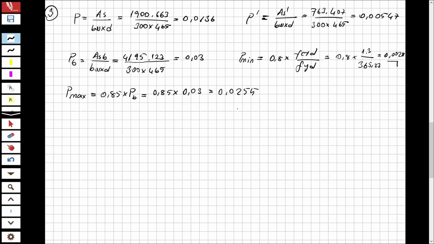The ratio of steel must be smaller than rho max. So the rho of the bottom steel must be smaller than or equal to rho max. You can see rho here is 0.0136, and rho max is 0.0255. So it is smaller, right? So we understand that it is under reinforced.